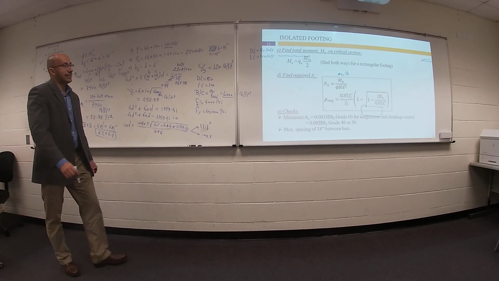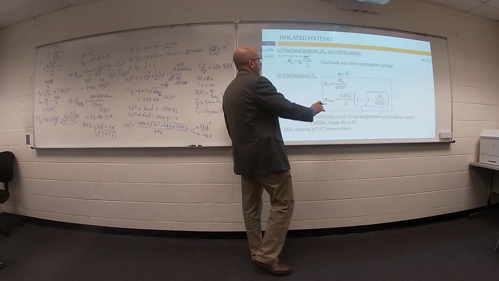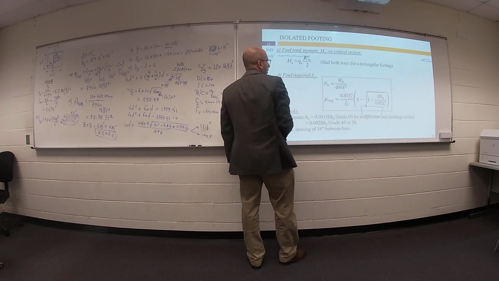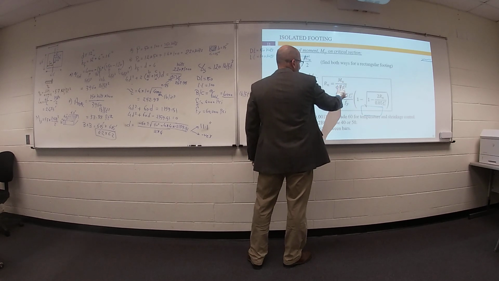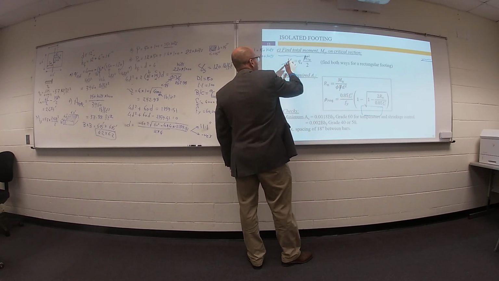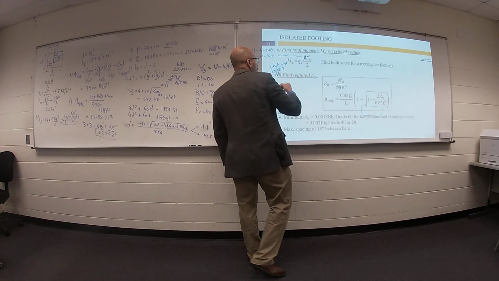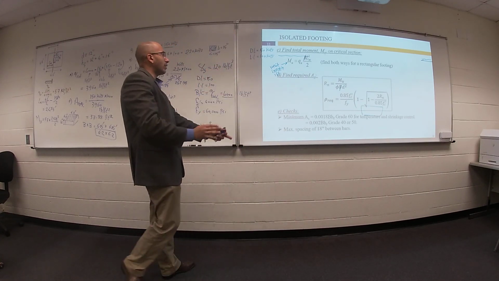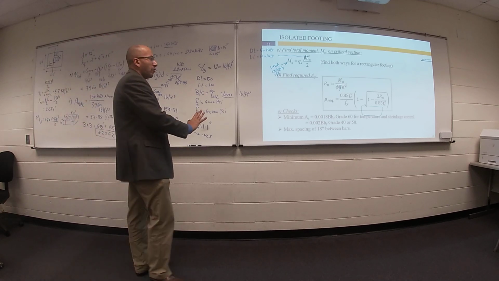If you didn't multiply here by B, I will assume this moment is only for unit length, for 1 foot. That means your steel reinforcement is for each 1 foot. Each 1 foot I need to put something. I recommend this one.